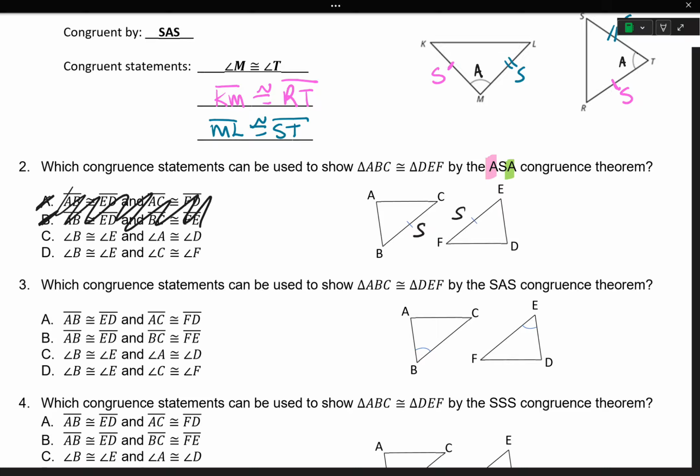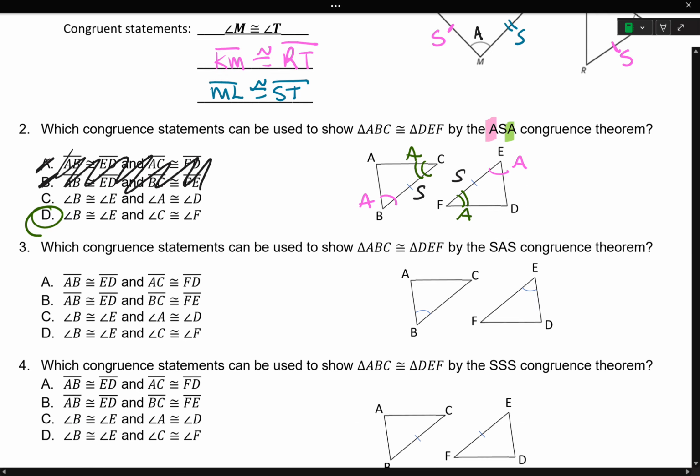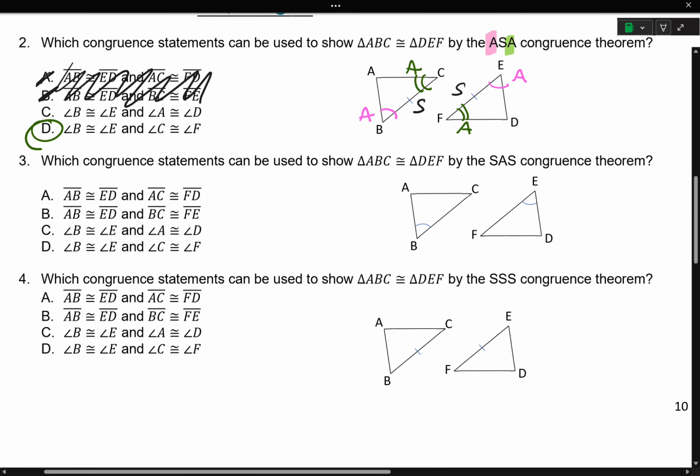C and D both start with B is congruent to E, so angle B is congruent to angle E. To make that angle side angle, I would need angle C and angle F. And that's option D.